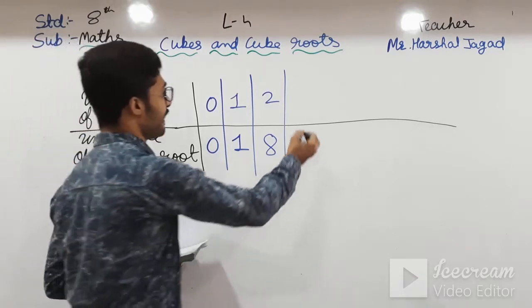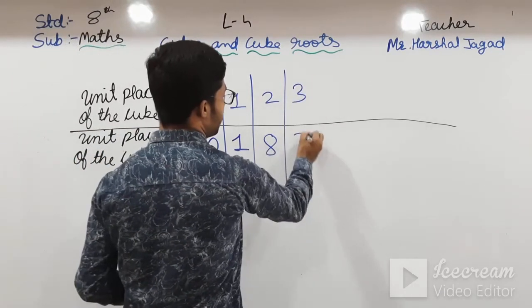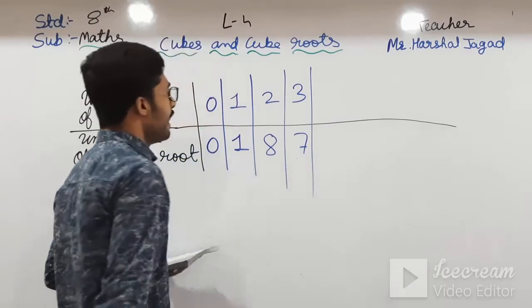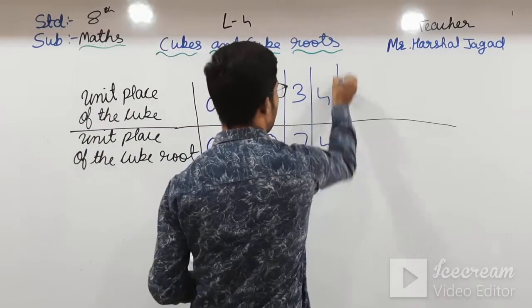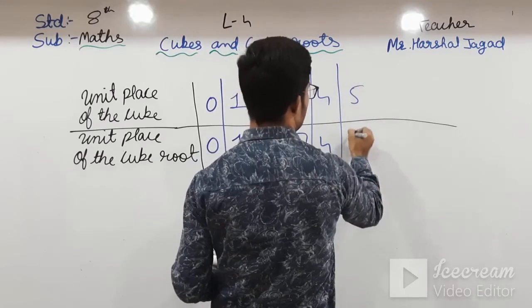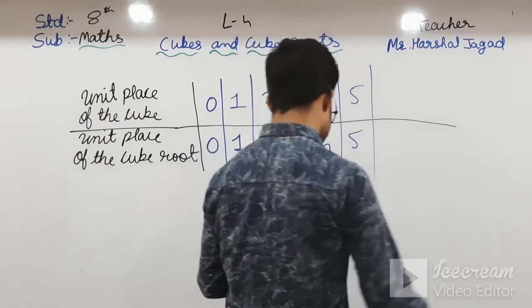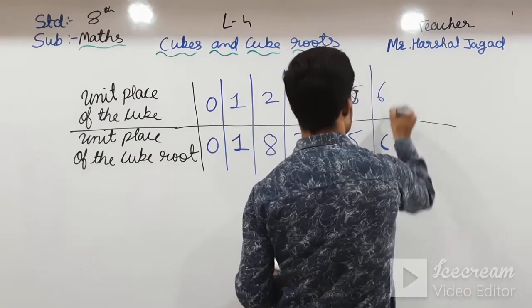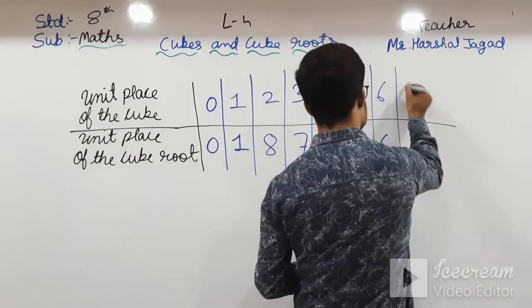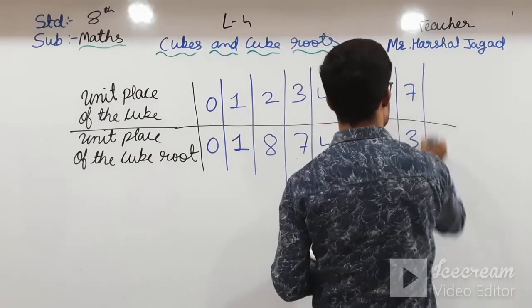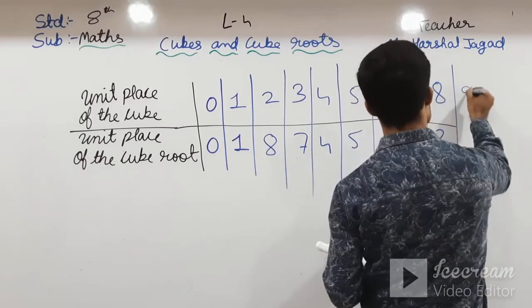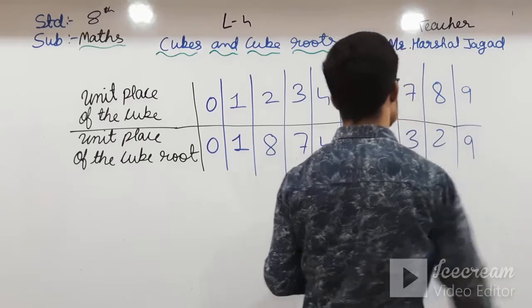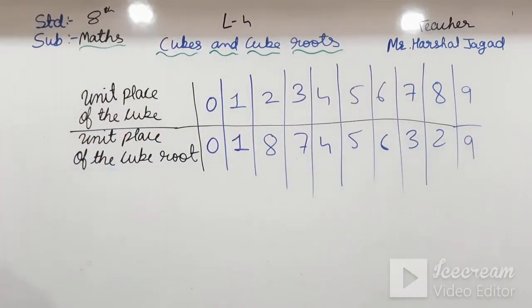Next, if it is 3, then it is 7, and 4 then 4, 5 then 5, 6 then 6, 7 then 3, 8 then 2, and if it is 9, then 9 only. So this is the table.